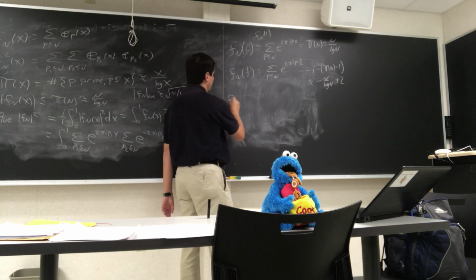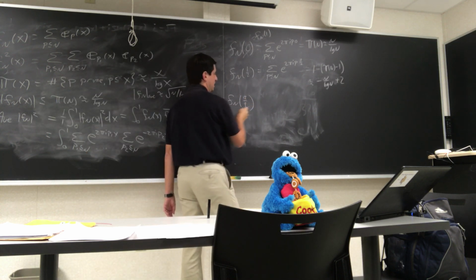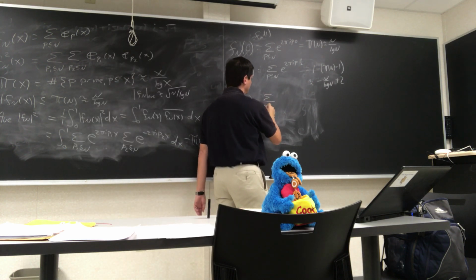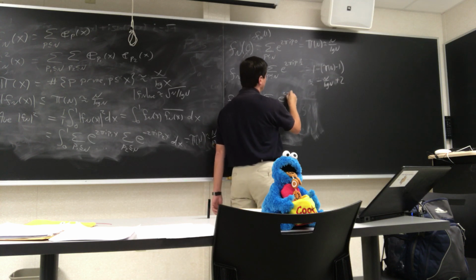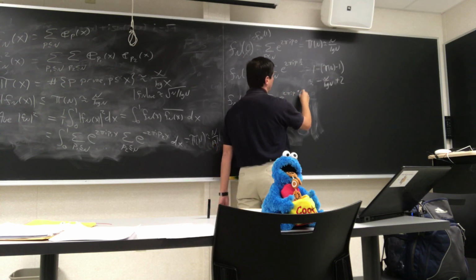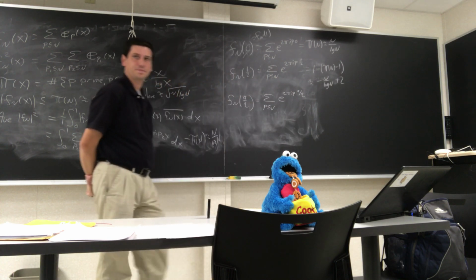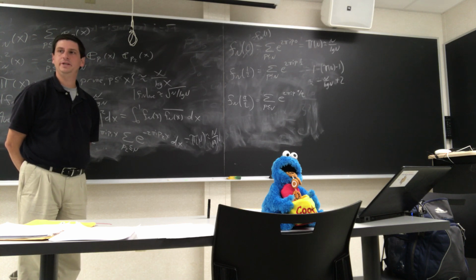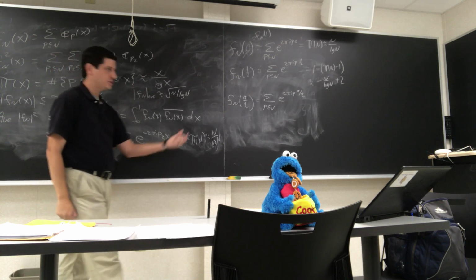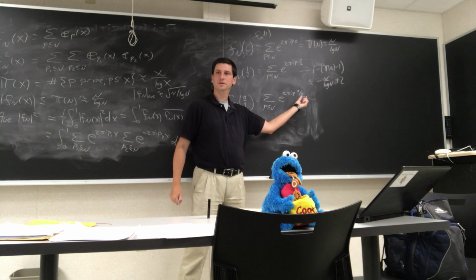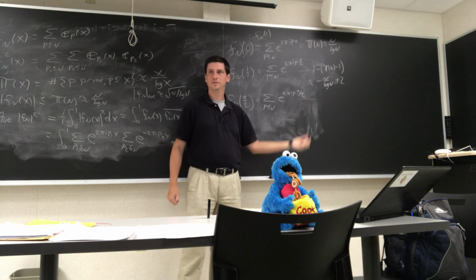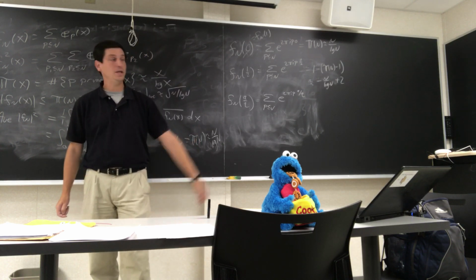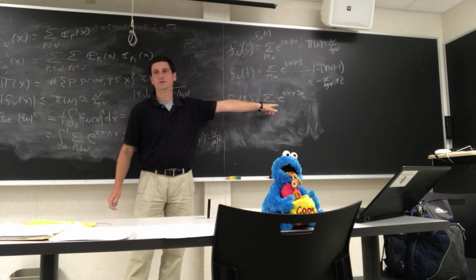If I look at F_n(a/q) at some rational, then this is going to be the sum over p less than or equal to n of e^(2πi p a/q). When you look at this, it only depends weakly on p. So for those of you who've seen abstract algebra, how does this depend on p? A lot of different p's will give the same value.